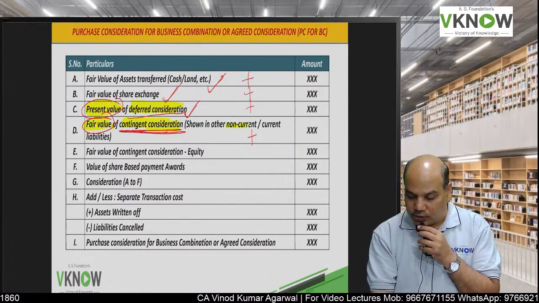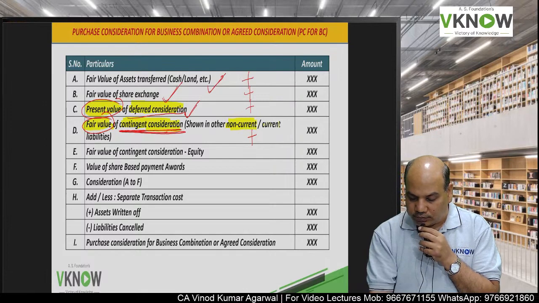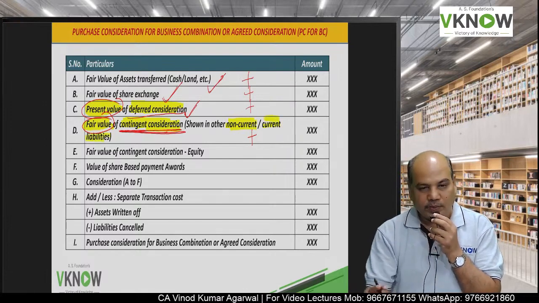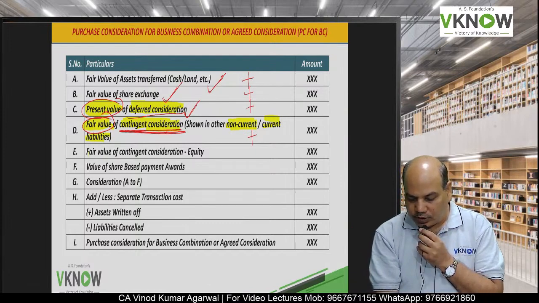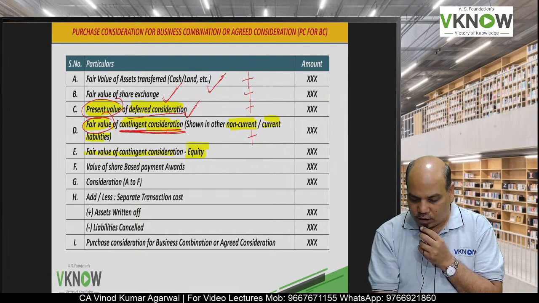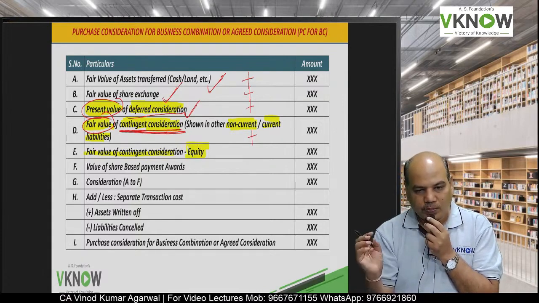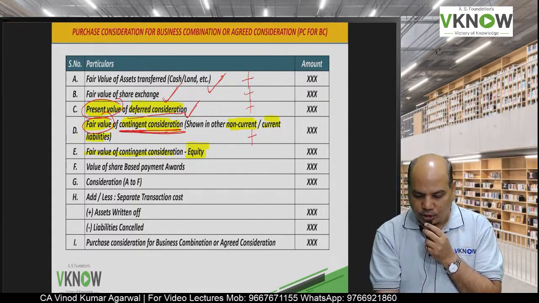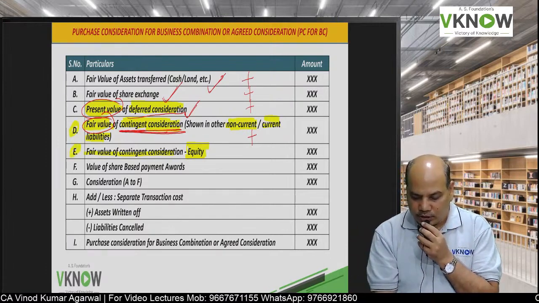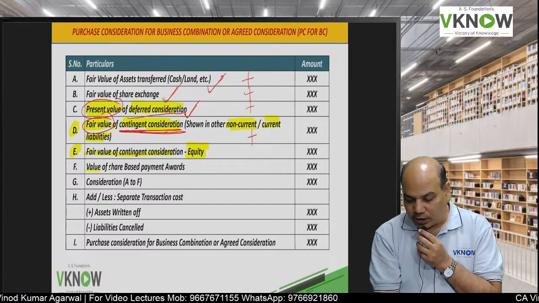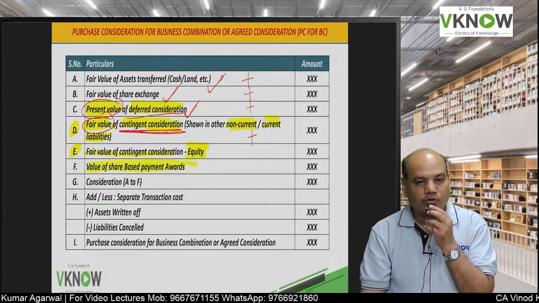Contingent consideration will be presented either in non-current or current liabilities depending on when it is payable. Then we will take the fair value of contingent consideration payable in equity shares. So it can be payable in cash, then point D, payable in a fixed number of equity shares, point number E. Then there can be the value of a share-based payment award also.